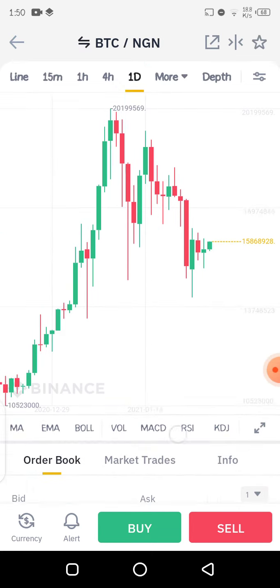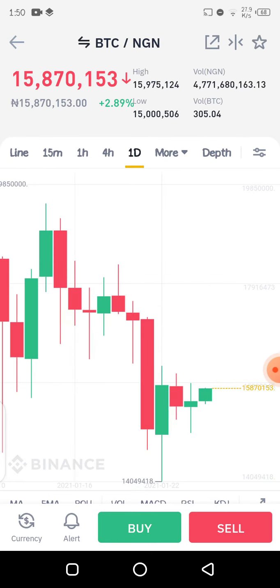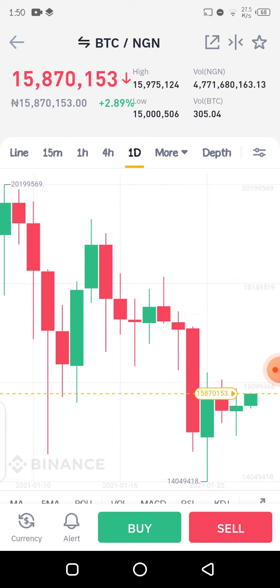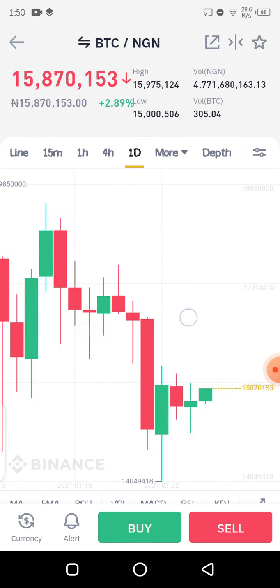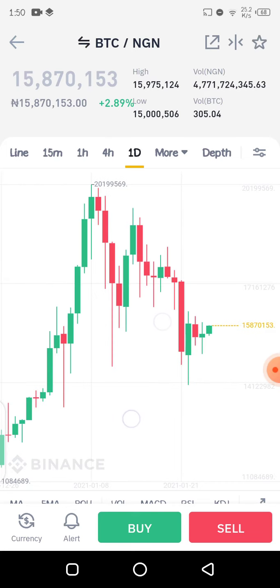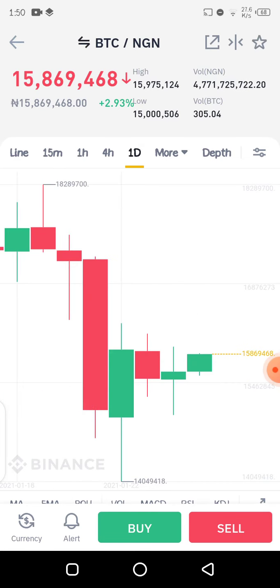Now we have to learn how to read this candlestick. Understanding a candlestick goes way bigger than what I'm going to teach right now, but we're going to learn as little or as much as possible. So this is a candlestick. Don't get confused, a normal candlestick.